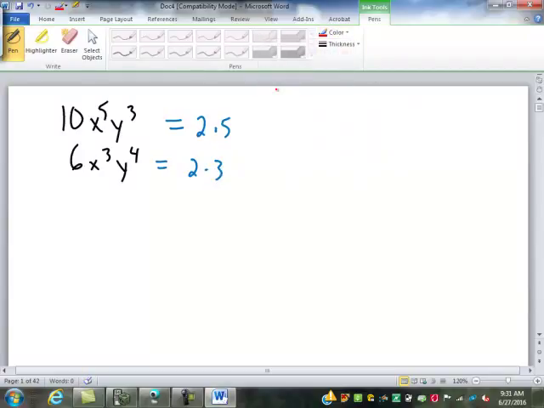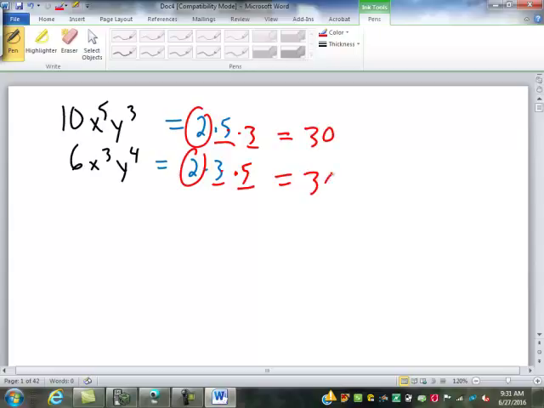So what do they have in common? They have the 2's. So up here we have a 5, so we need to put a 5 down here. Down here we have 3, so we need to put a 3 up there. Now we're good. What does that make it for a least common multiple? 30.